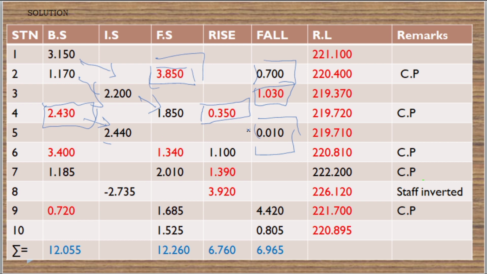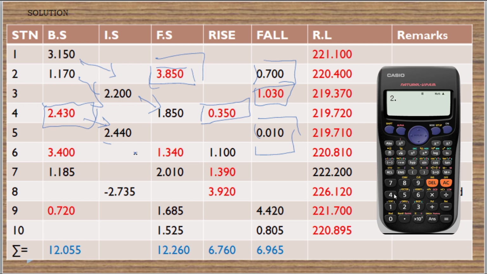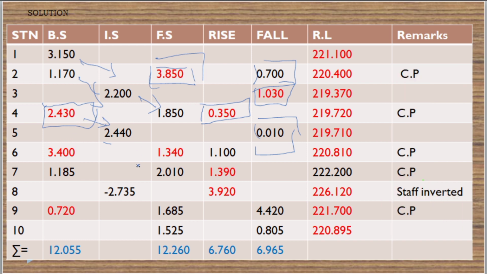That means when I add those two, my value will be a little bit lower. So by the use of a calculator, x minus this 2.44 is equal to negative 0.011. So the answer of x will be 2.43 meters.